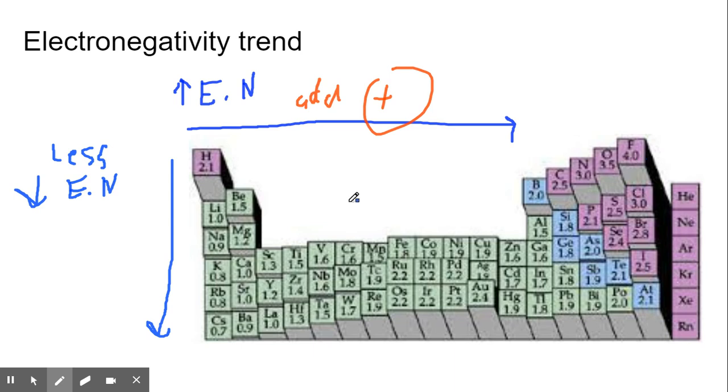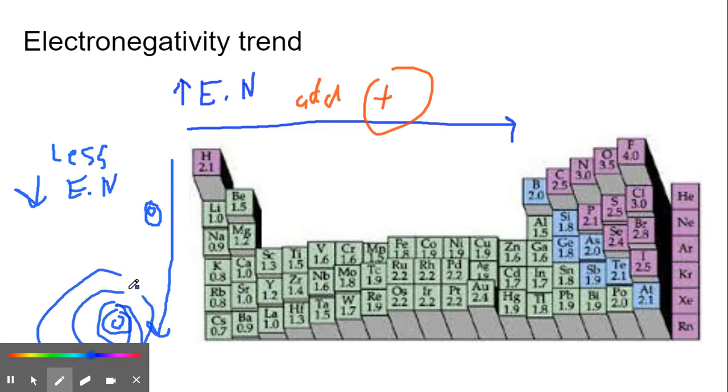When we go down, we keep adding energy shells, right? Cesium would have a lot of energy shells. I'm not going to draw them all, and it's a little sloppy there. So when we go further and further out, the nucleus is so far away.